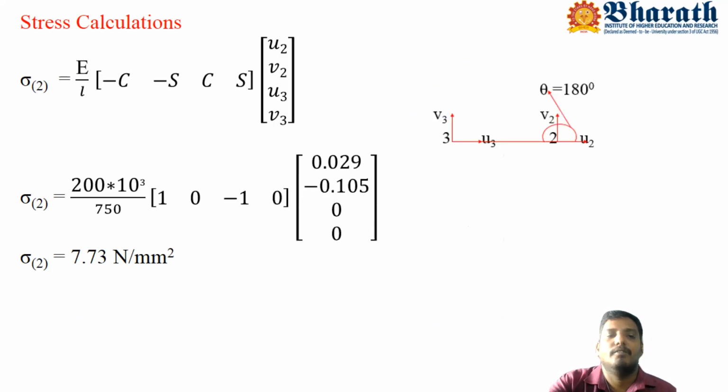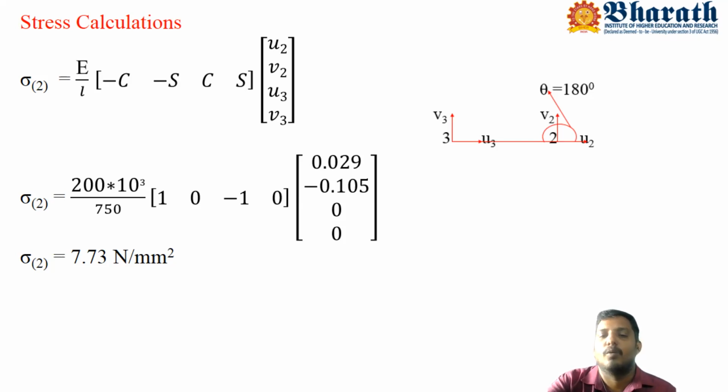In the same way, we have to calculate the stresses for element number 2. Element number 2 consists of nodes 2 and 3. Therefore, the nodal displacements are U2, V2 as well as U3, V3. This we multiply with E by L times [minus C, minus S, C, S], where C and S are cos theta and sin theta. How do you find theta? Theta is measured with respect to the positive x-axis.